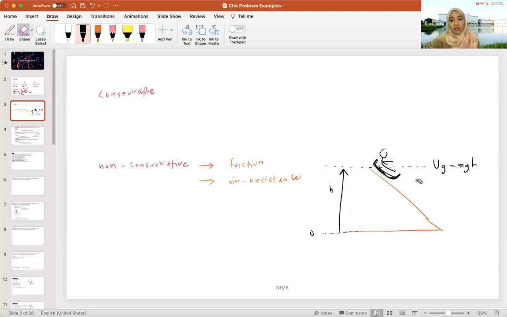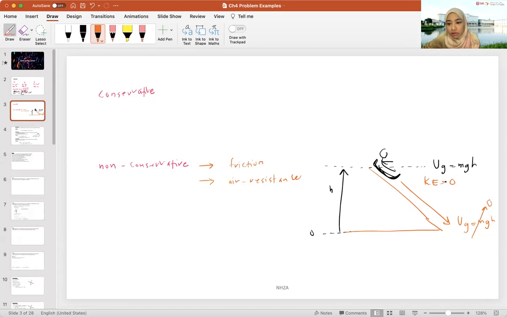So Iqbal has some potential energy. So when Iqbal goes down the sled, his UG becomes mgh with h equal to 0, so this becomes 0. So the energy is now converted to kinetic energy. At the top, Iqbal was not moving, so v was 0, so kinetic energy was 0.